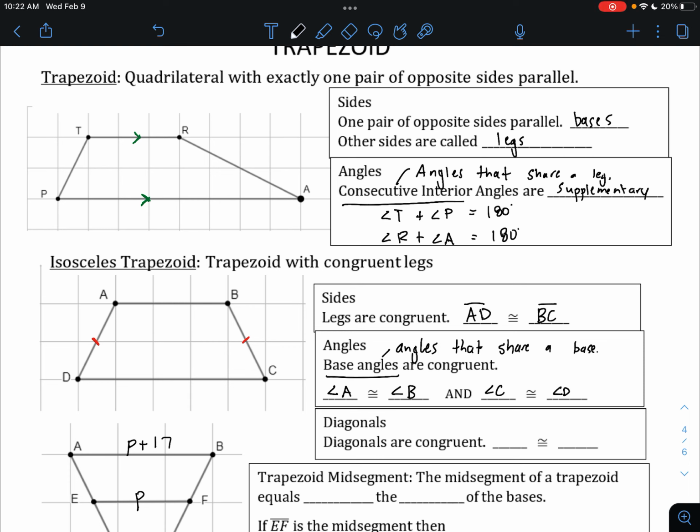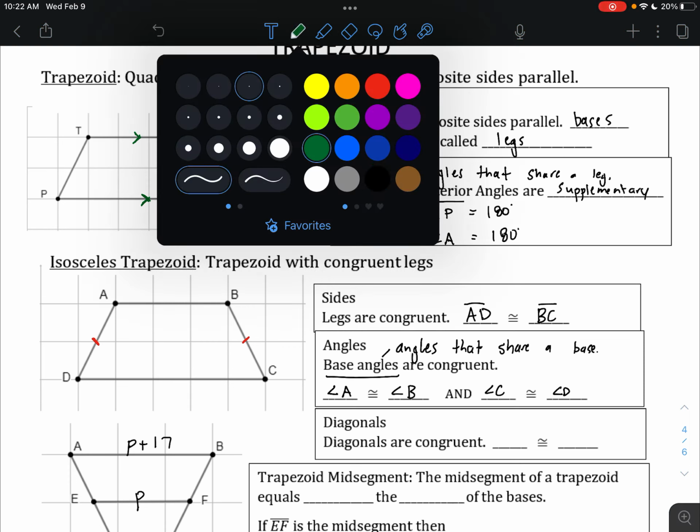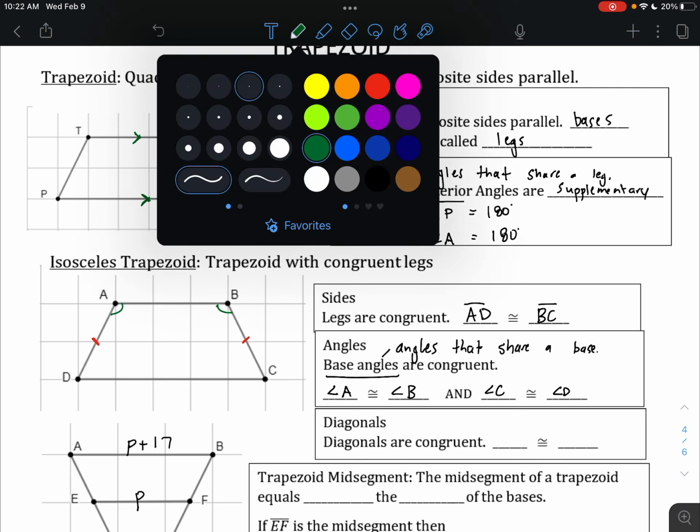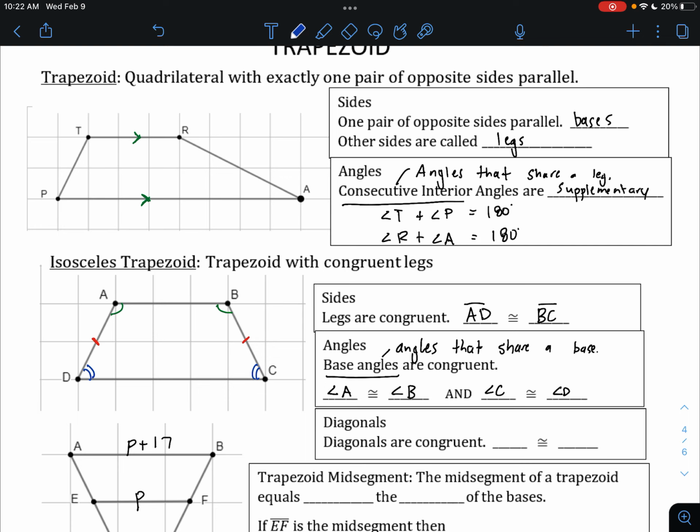So those are congruent as well. We're going to mark these on our diagram so we don't forget about them. A and B are congruent, and D and C are congruent.